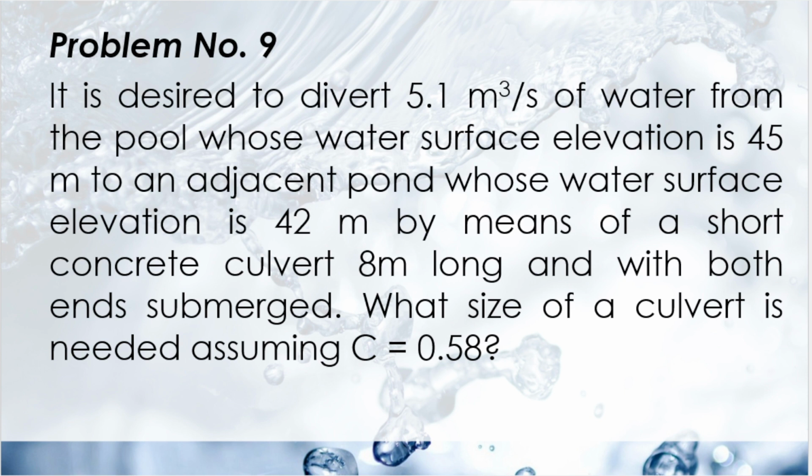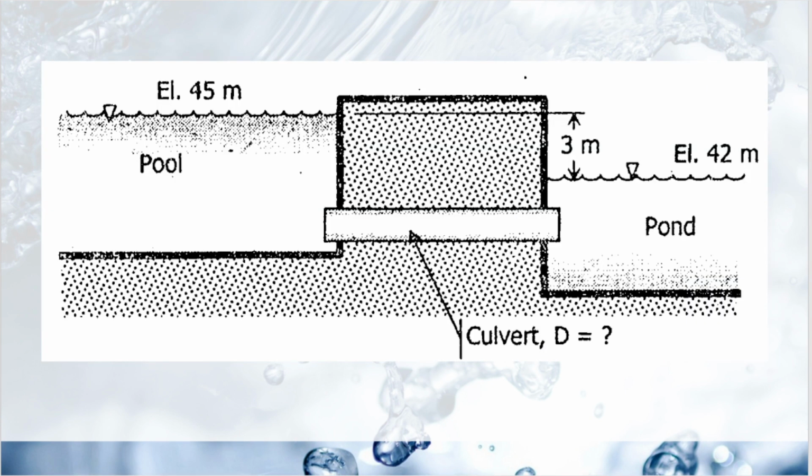So this time, it's the other way around. For us to visualize, we have here one side of the culvert, the pool, to the pond. The elevation of the pool water surface is 45 meters, while the elevation on the side of the pond is 42 meters.